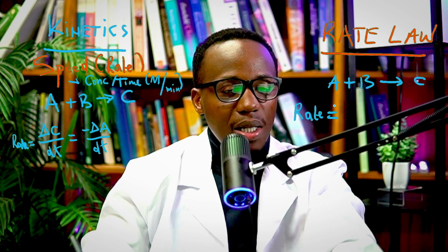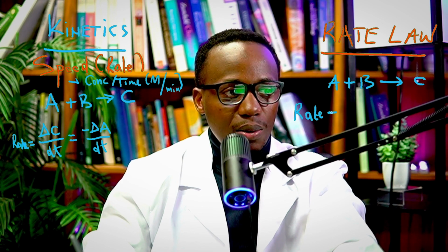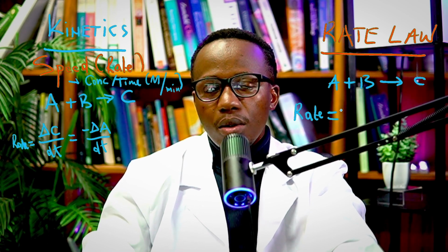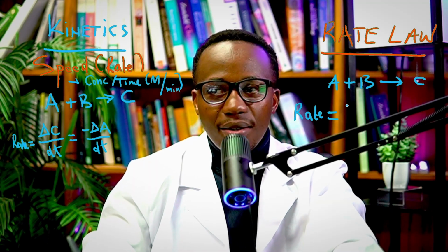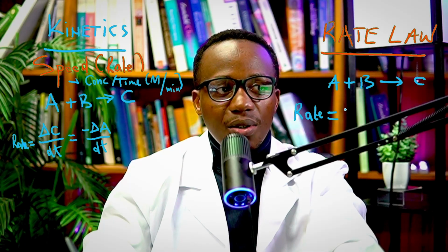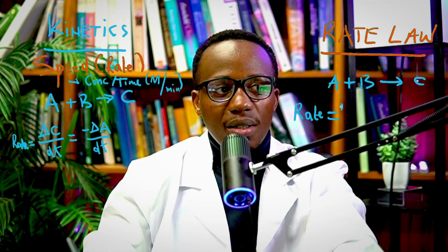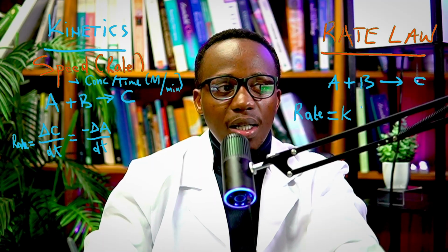So the rate or speed is equal to, it's going to start with K, right? So our rate is going to be equal to K, a constant, the rate constant. So this is the relationship between our rate or our speed and our concentration.